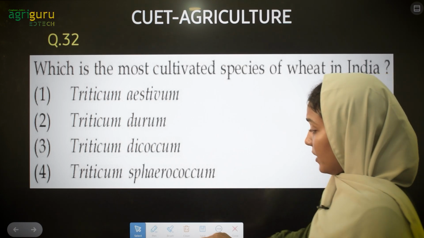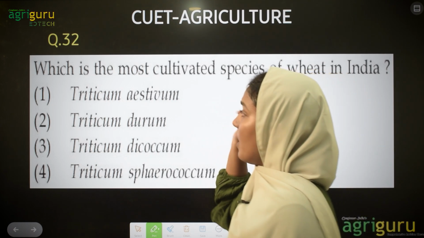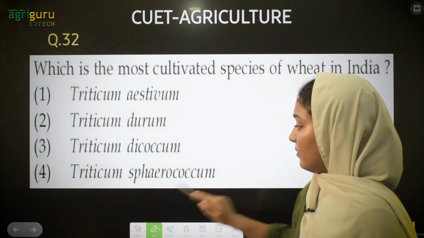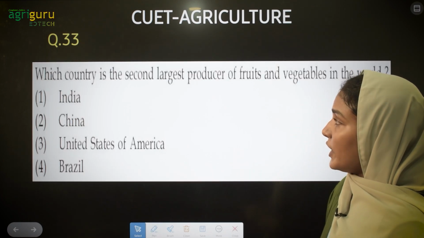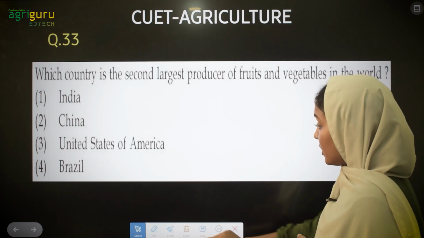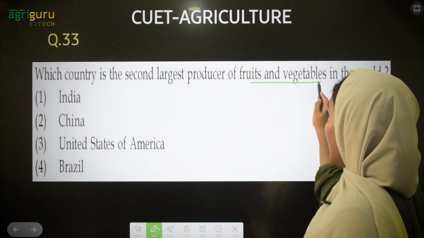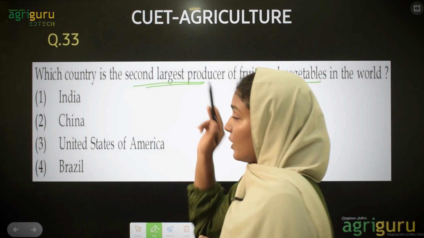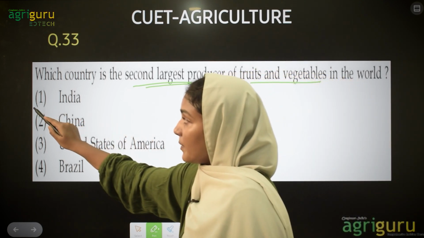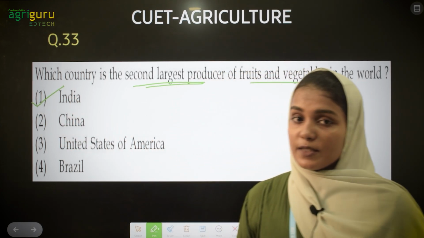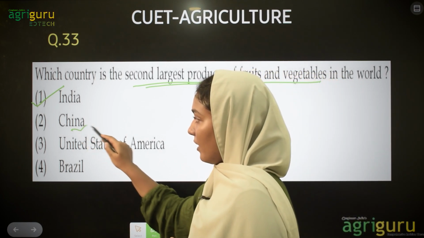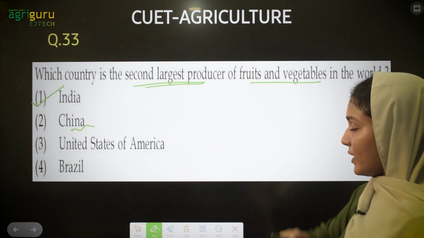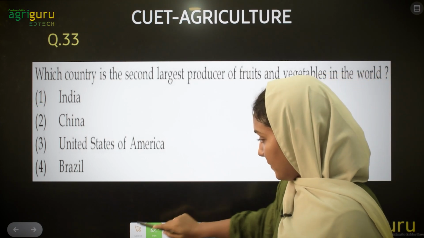The most cultivated species of wheat is the common one, that is Triticum aestivum. Next one. Which country is the second largest producer of fruits and vegetables in the world? The question asks for the second largest producer, not the largest. The second largest producer is India. The largest producer is China.